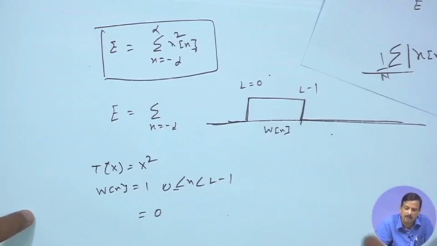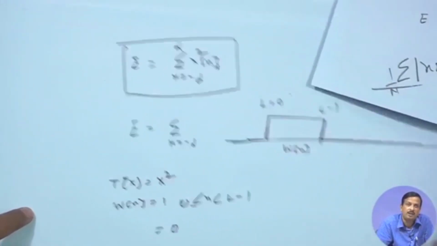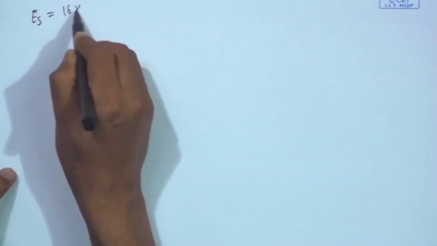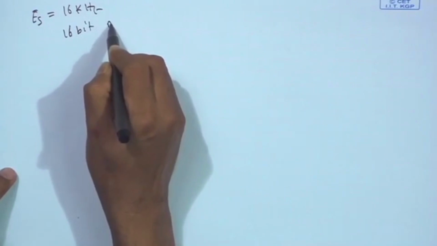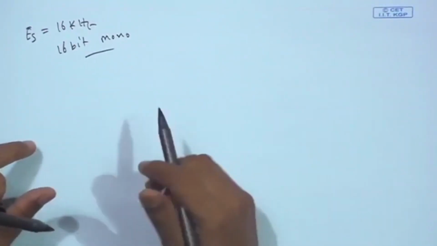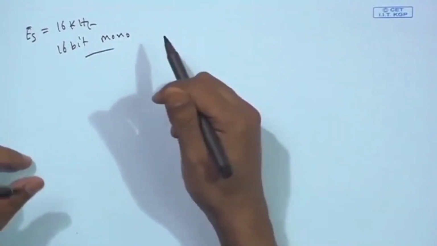So, if I say find out the short term energy, first let us record your name with Fs equal to 16 kilohertz and 16 bit mono. Connect the microphone to the computer and record your name in the computer.